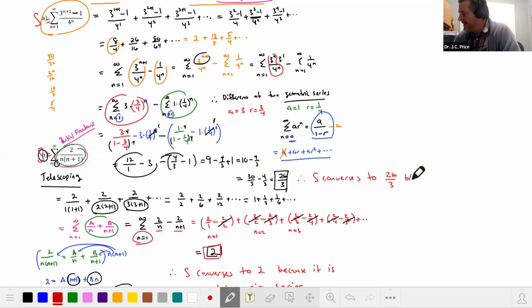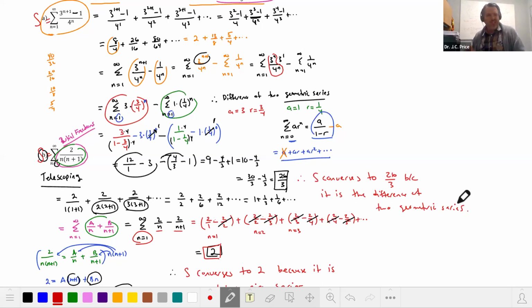And we can even write because why? Because it is the difference of 2 geometric series. You might even want to say 2 converging geometric series, but we can start writing these conclusions, which just kind of ups our math game just a little bit.